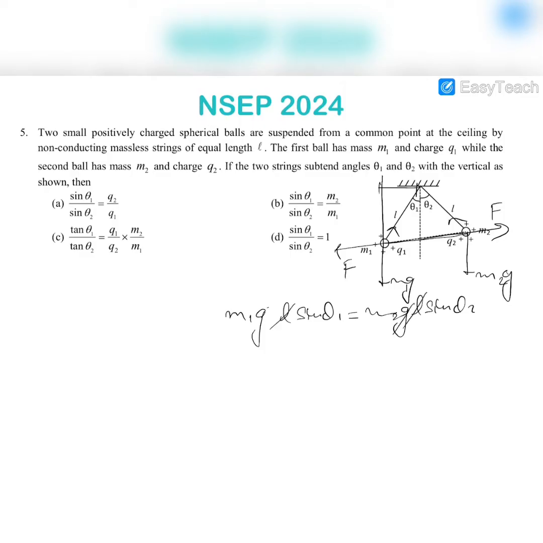So cancelling g and L, m1 by m2 will be equal to sine theta 2 by sine theta 1. So this will be the correct answer, and therefore sine theta 1 by sine theta 2 will be equal to m2 by m1. So the correct answer would be option B. Now let's move on to the next question.